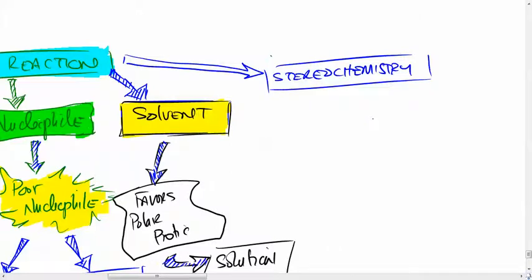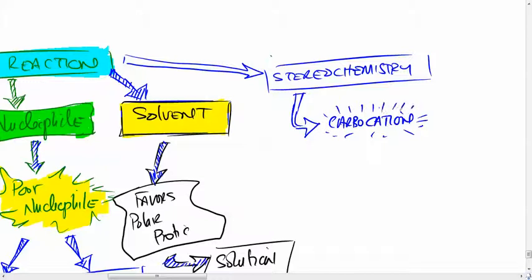Like you already know, it's going through a carbocation, and it turns out that the carbocation is flat, or planar.